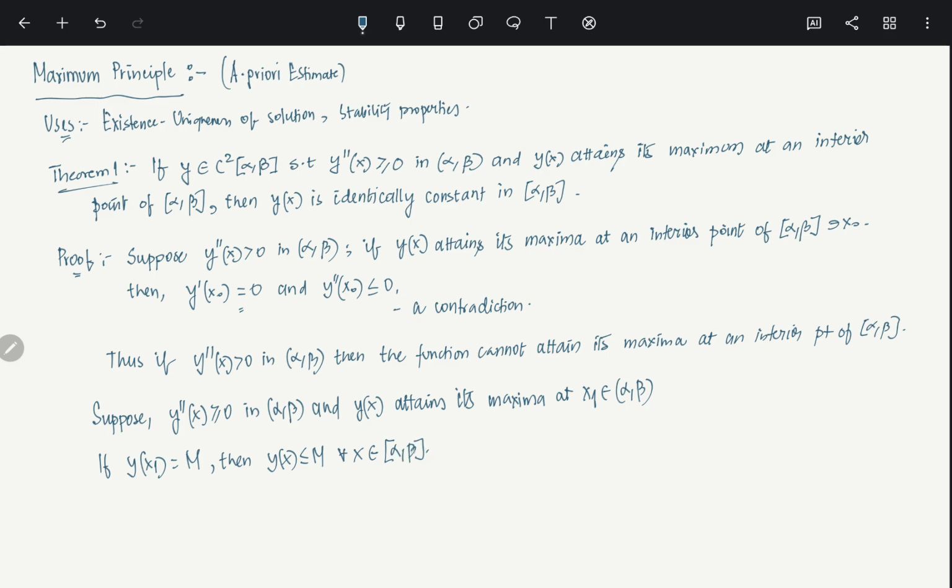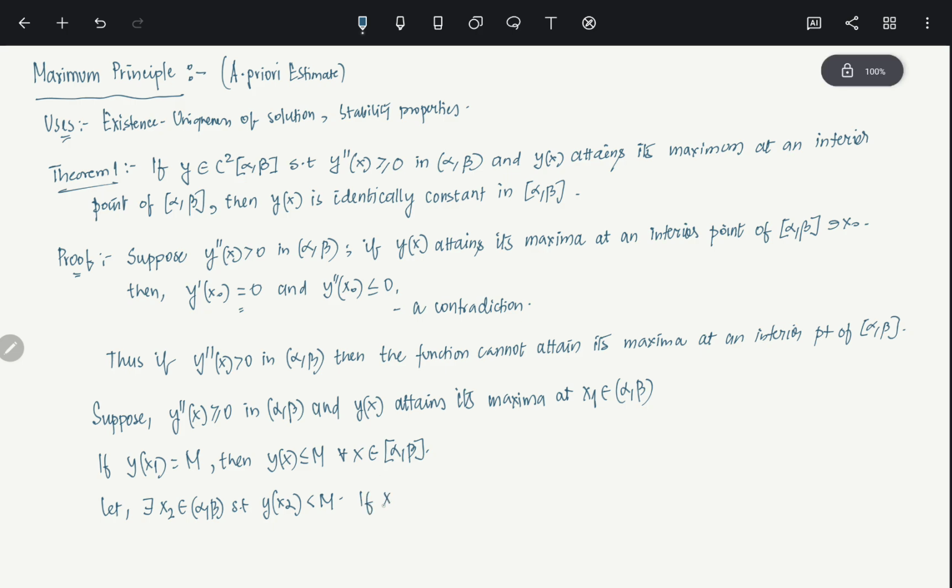Now what we will do is this: let there exist an x2 in alpha beta such that y of x2 is less than m. Clear?